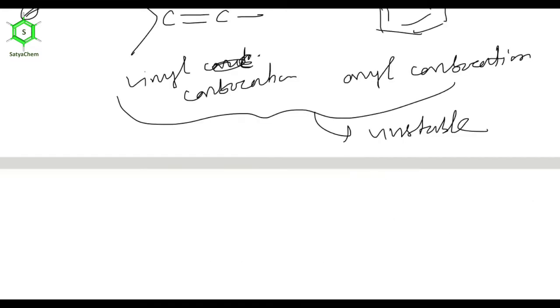So considering the following points, I can say that it is true that the direct Sn2 reaction usually does not take place on alkynyl substrate, but on very rare occasion.